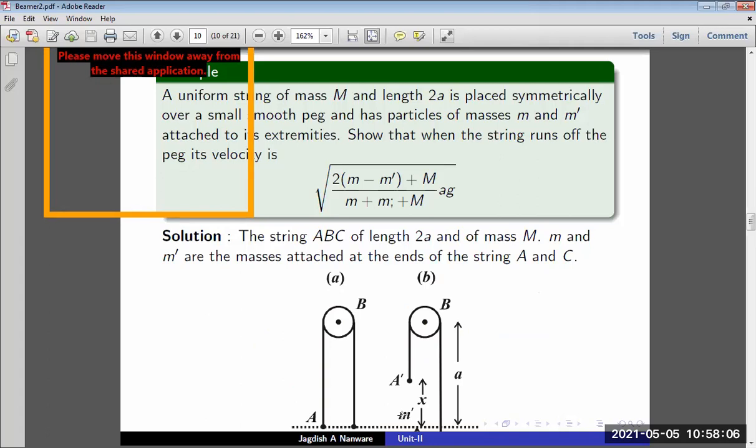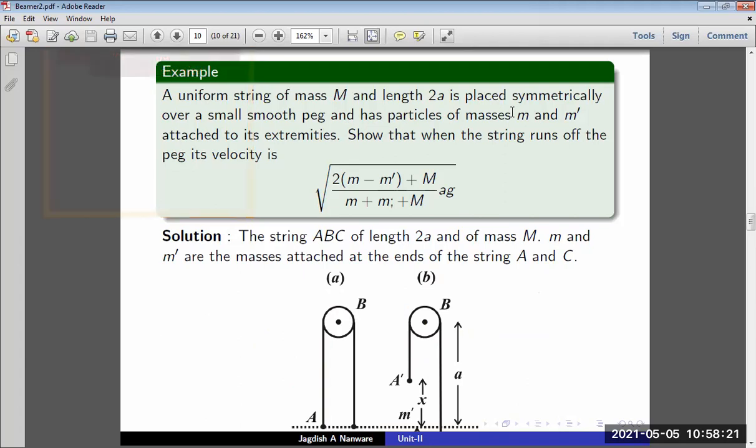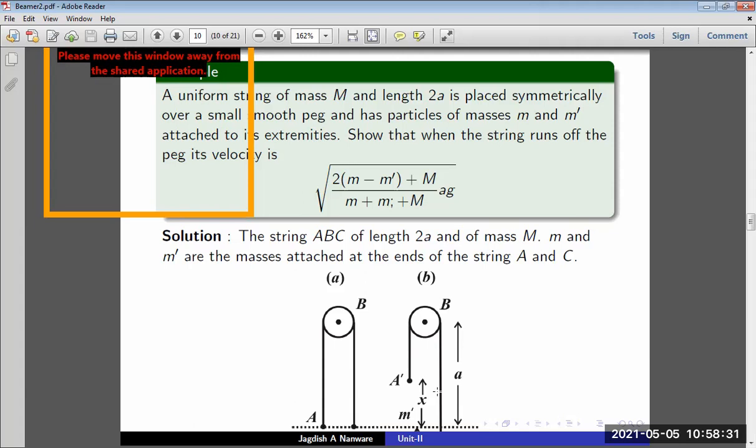A uniform string of mass M and length 2a is placed symmetrically over a small smooth peg and has particles of masses m and m dash attached to its extremities.